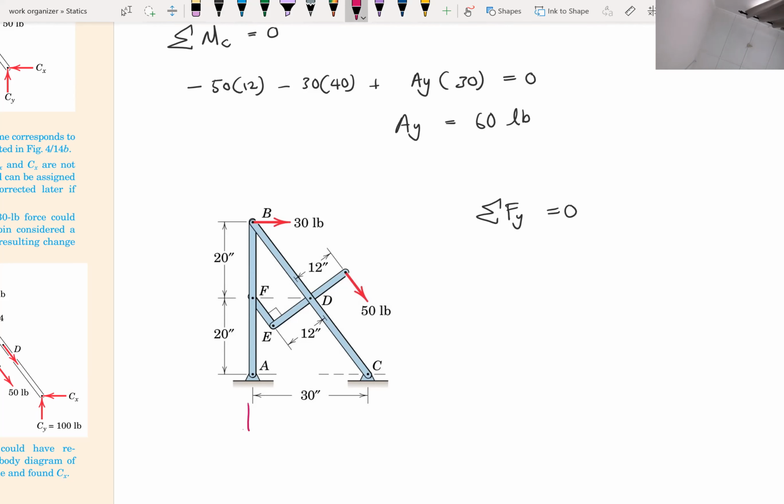AY we have 60, and for CY we don't know yet.